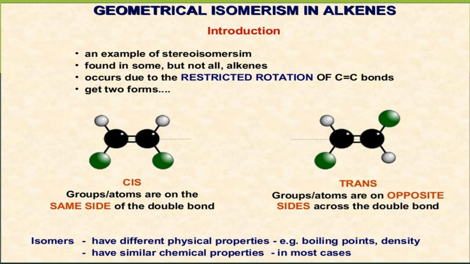In cis, the same atoms are on the same side, and in trans, the atoms or groups of atoms are on opposite sides. These isomers have different physical properties like boiling point, melting point, acidity, dipole moment, density, etc. But they have similar chemical properties in most cases, though not in all.